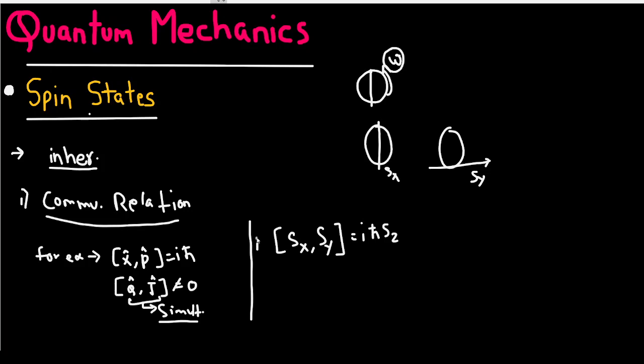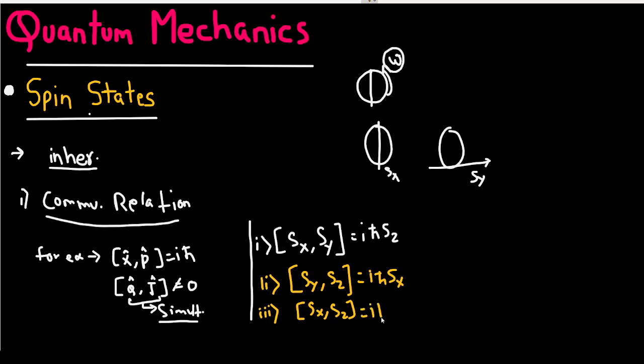So this is our first commutation relationship, and let me write the second. The second is similar: [Sy, Sz] equals iħ Sx. And our third is between Sx and Sz, and it equals iħ Sy.